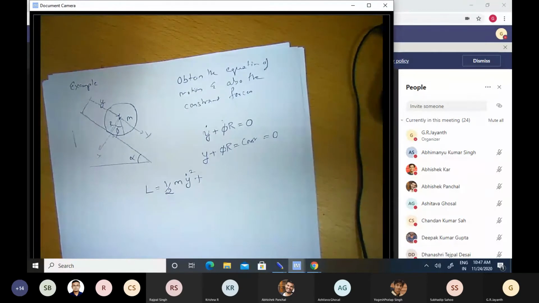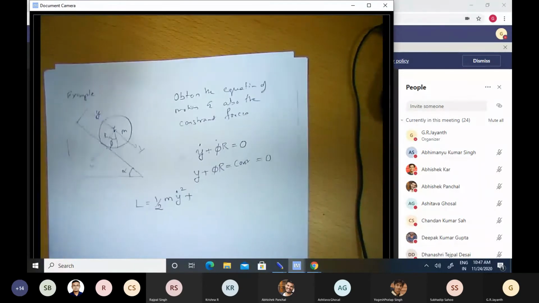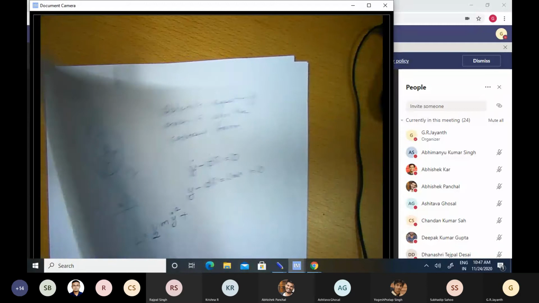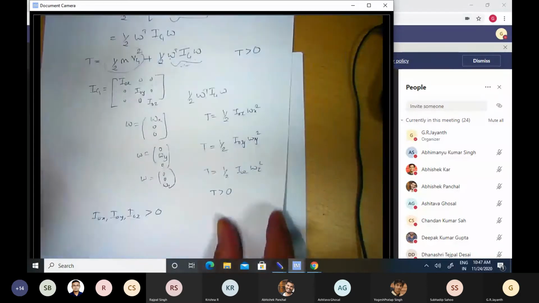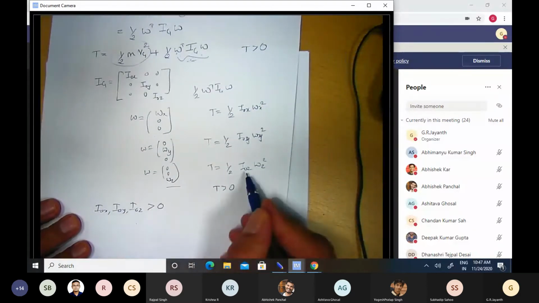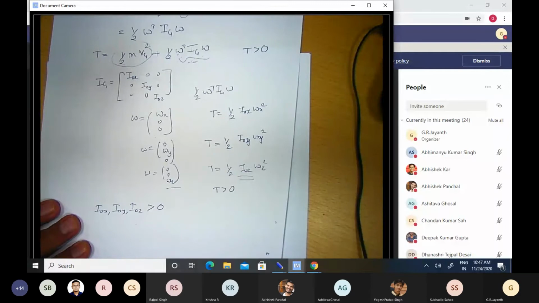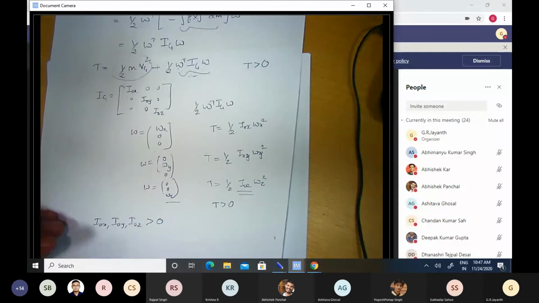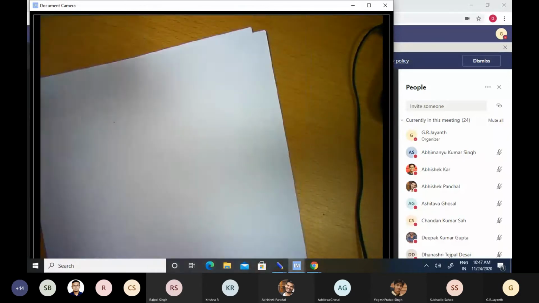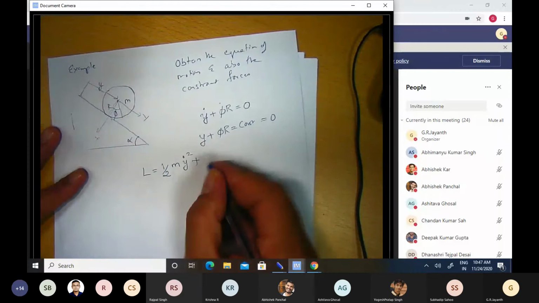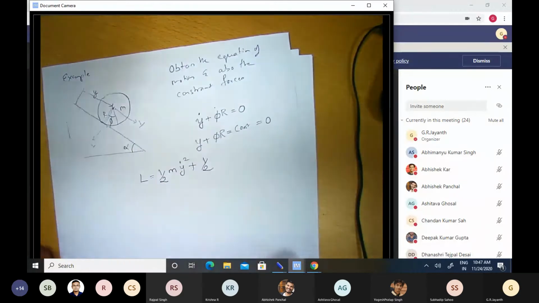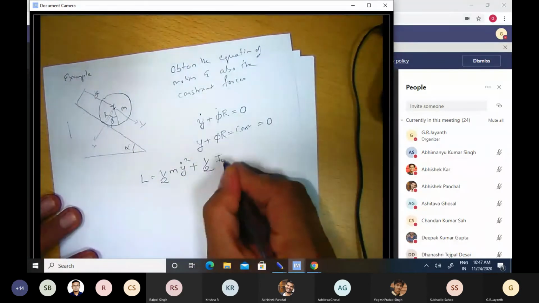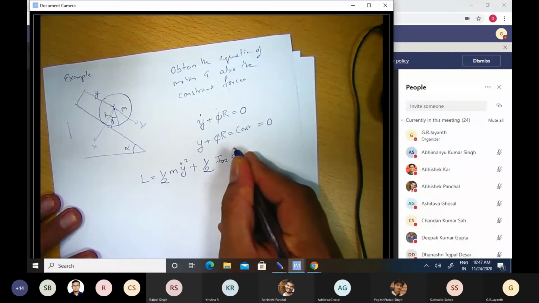From our previous analysis, which I showed just a moment ago, we know that if the angular velocity is along the z-axis, the kinetic energy in the principal coordinates is simply half I0z omega z square. So using that expression, I can write the kinetic energy associated with rotation to be equal to half I0z phi dot square.